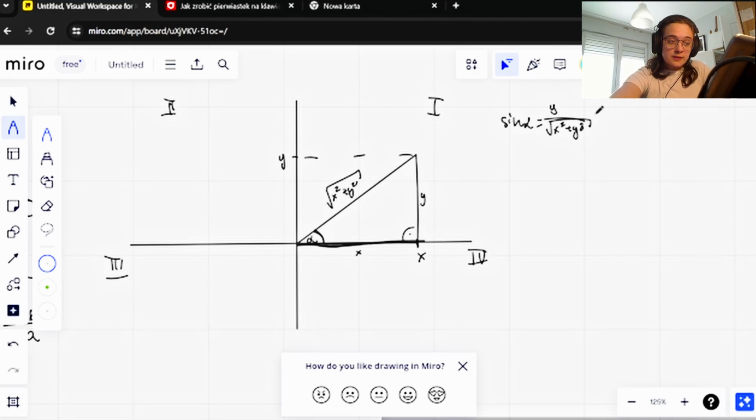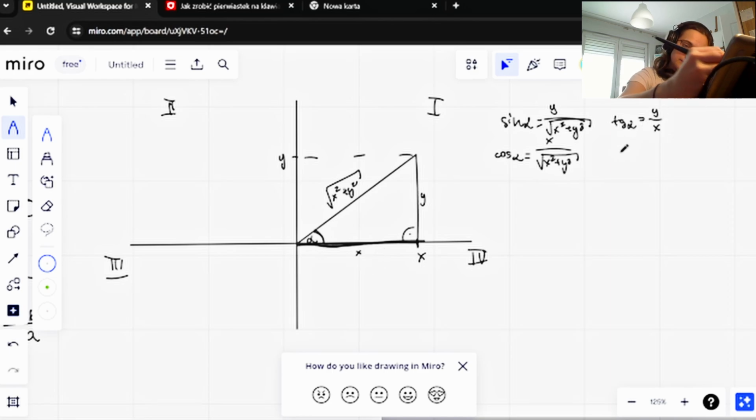As you can see, cosinus is really similar. It's just x divided by C. And it's also easy with tangens and cotangens, because tangens is A divided by B, so y divided by x, and cotangens is x divided by y.